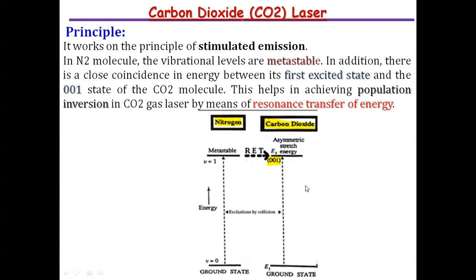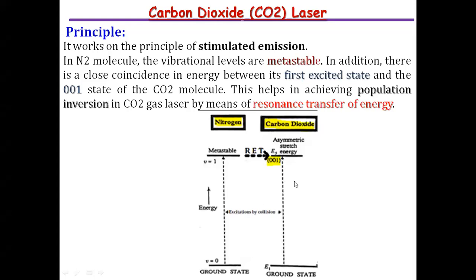And one more thing is, this metastable state of nitrogen molecule actually coincides with the asymmetric energy level of the carbon dioxide molecule. Therefore also we mix nitrogen molecule with the carbon dioxide molecule.